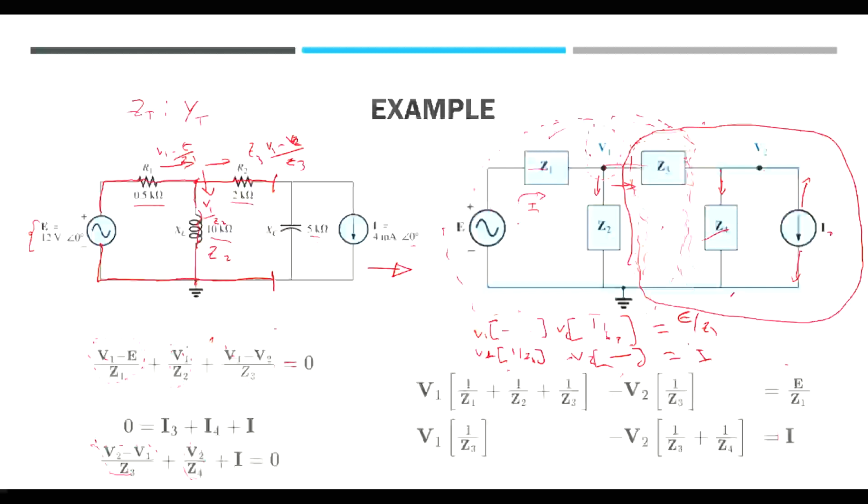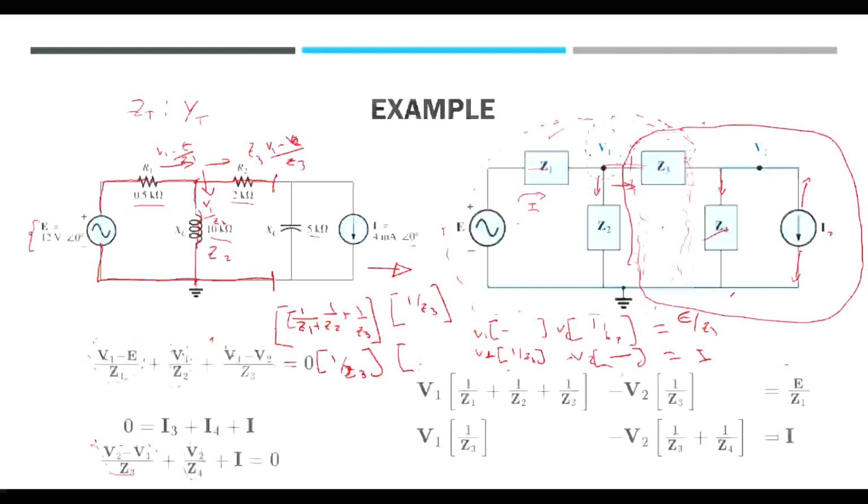What I wanted to do next was showing you how to solve the system of equations. So you can use MATLAB or your calculator or Python, or even you can go online and ask for a system of equations, because the system of equations is basically going to be, the first part is going to be 1 over Z1 plus 1 over Z2 plus 1 over Z3, and bottom is going to be 1 over Z3, and then here is going to be 1 over Z3.